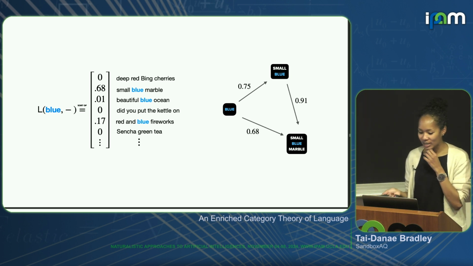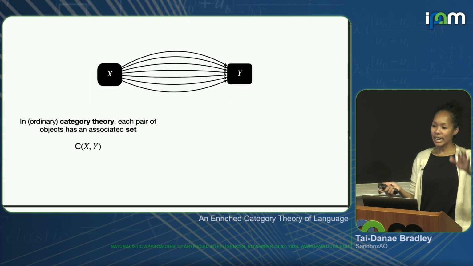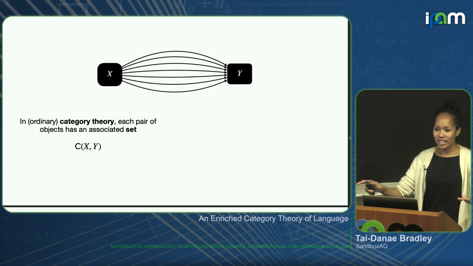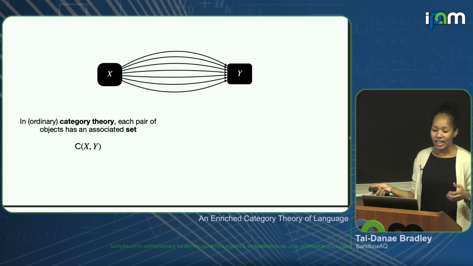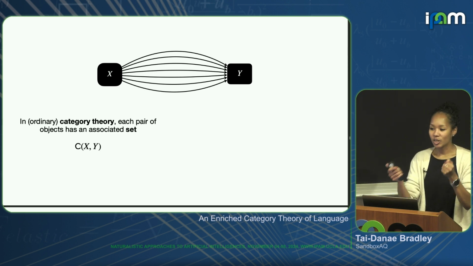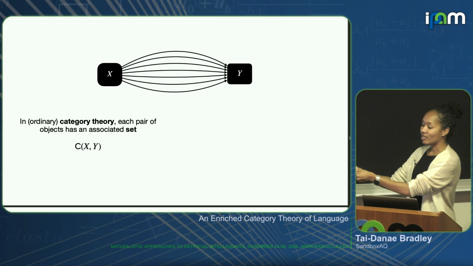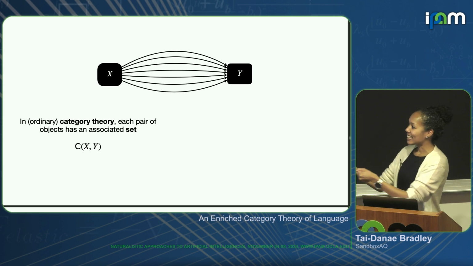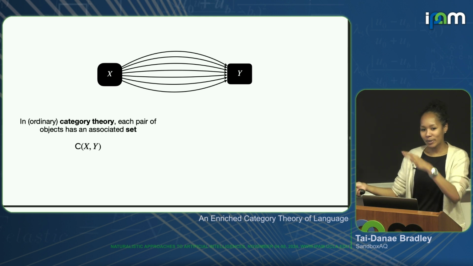So I'm going to try to explain this again from a high level. Now, in ordinary category theory, what we've seen so far, each pair of objects, x and y, have a set associated to them. The intuition to have for enriched category theory is that this set may not be a set.